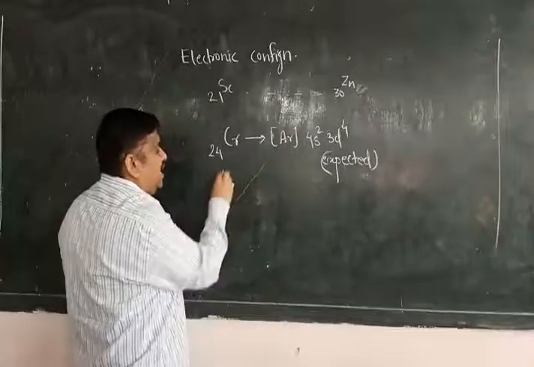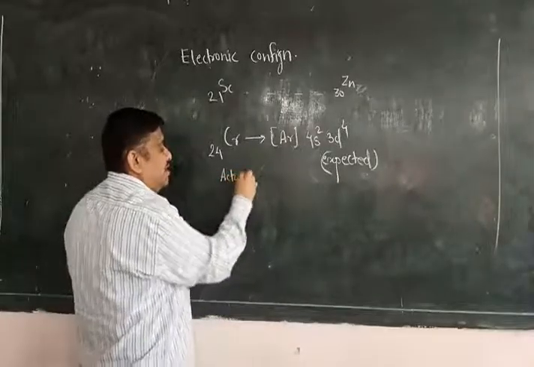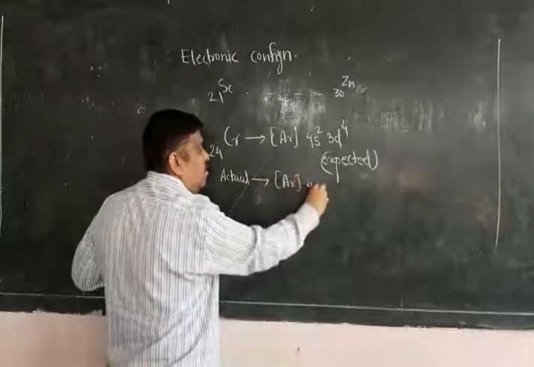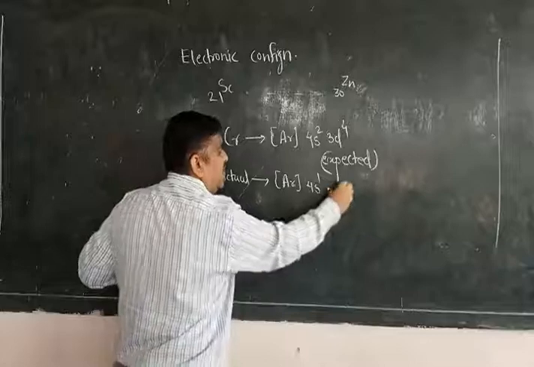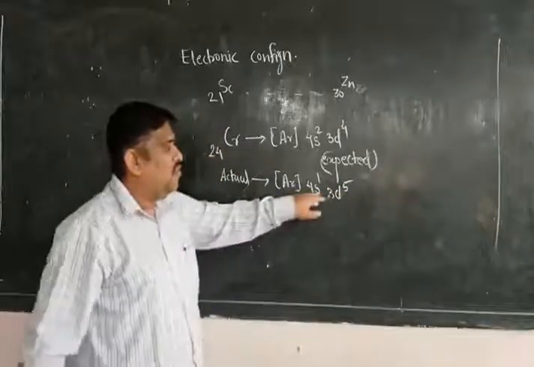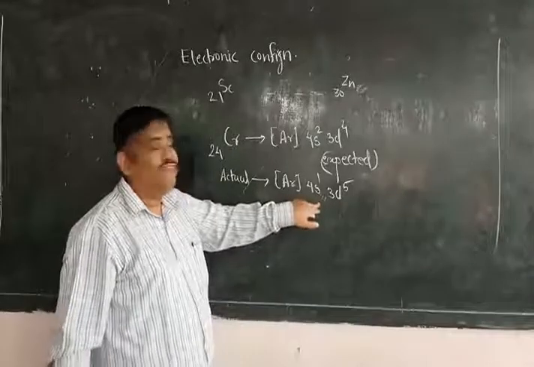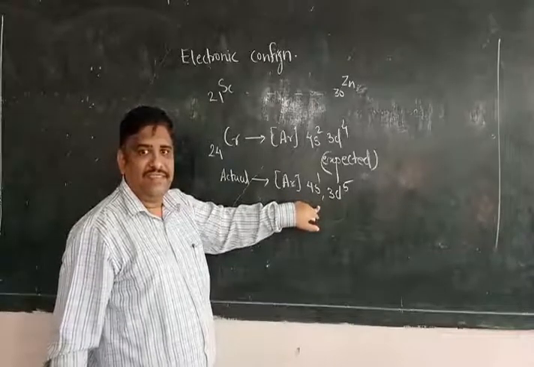But what is the actual electronic configuration? The actual electronic configuration is argon 4s1 3d5. Why is this electronic configuration like this?